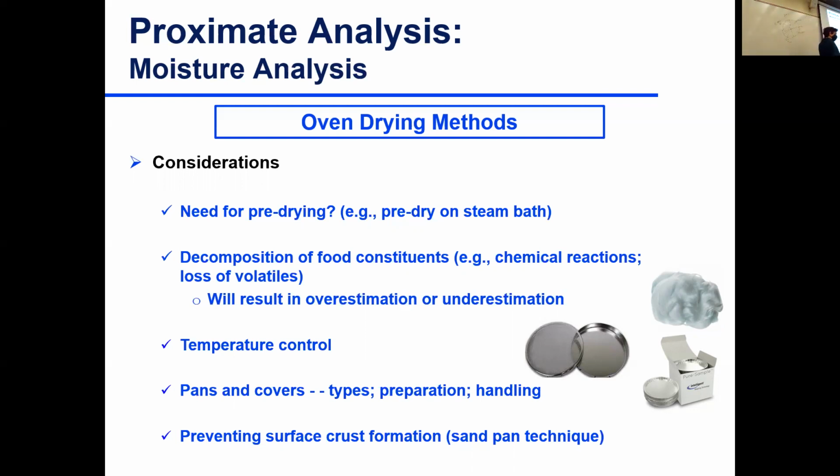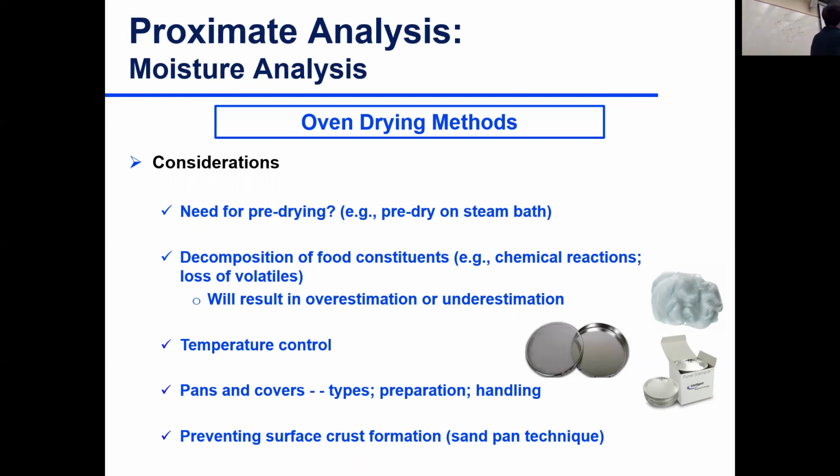So for samples such as milk, when we weigh the milk in our moisture dish, we can semi-dry it a little bit in a water bath. So you put your sample above a steam or a water bath to evaporate some of the moisture, and then you put it back in the oven to avoid splattering and bubbling.